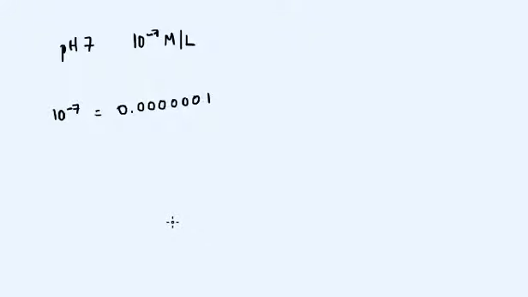Okay, that's the number. If we want to make 10 times greater than that, so 10 times 10 raised to the minus 7th, that's going to be moving the decimal place over by 1, and so this is going to be 0.000001. Okay, and so this is also going to be 10 raised to the minus 6th.